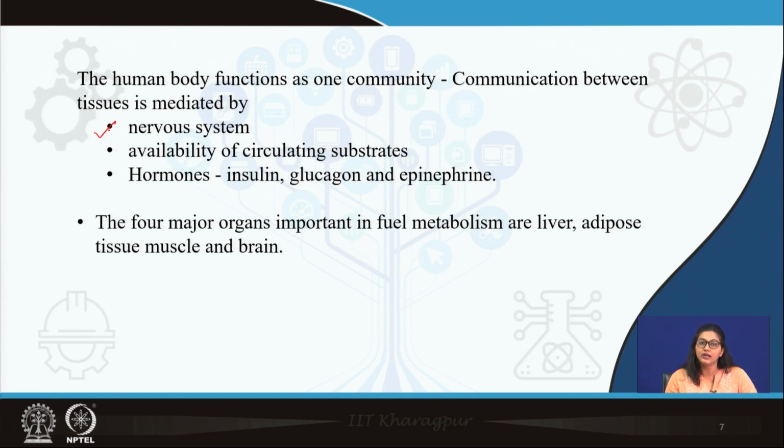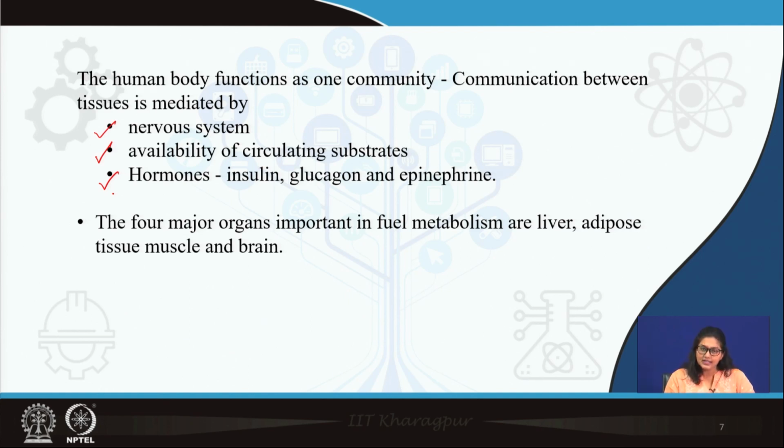Then the availability of circulating substrates, what fuels are available which can be utilized now or as future fuels, is the deciding factor. And finally, the most important one, the trigger for all these switches, which decides when to store and when to utilize, is different hormones. Hormones like insulin, glucagon, epinephrine give signals to our body.